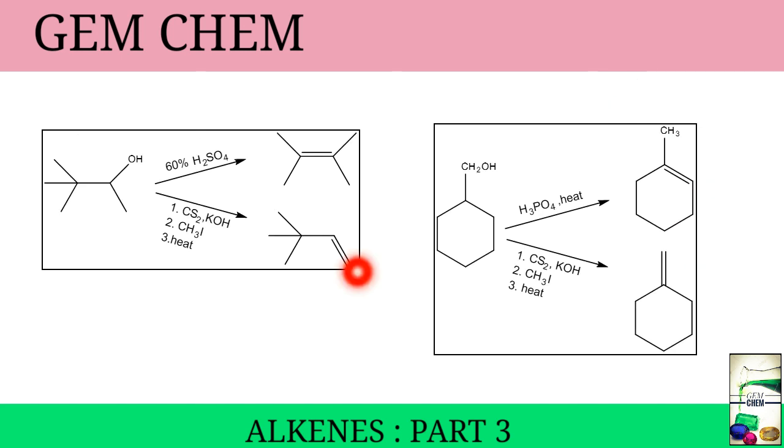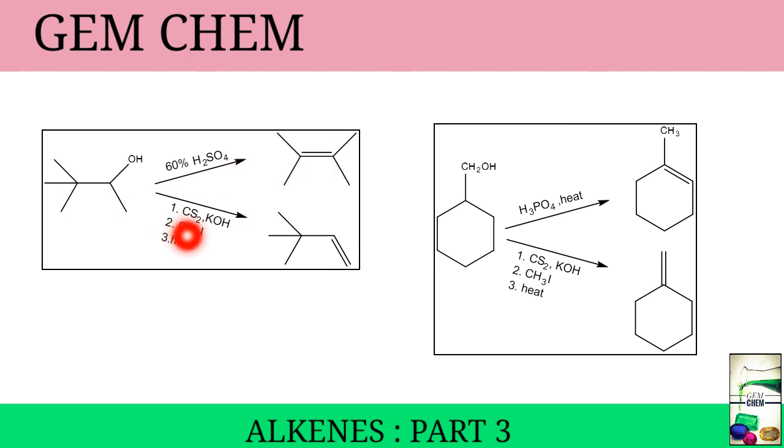Now these are a few examples. See this one. Previously we had already seen dehydration of alcohol, right? Here when 60% H2SO4 is given, there is removal of water plus rearrangement. So this is important.